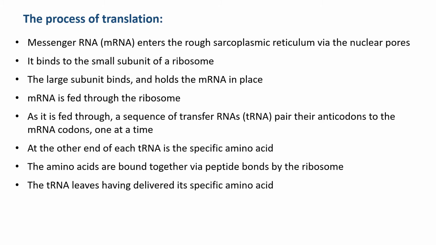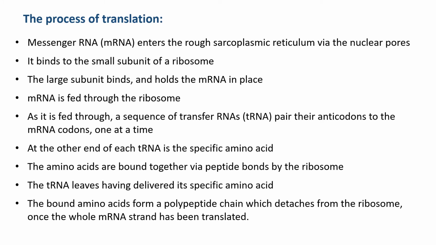Or it might just go off and have a little rest. The bound amino acids then form the polypeptide chain. Eventually, once we get to the stop codon, that'll detach from the ribosome, and at that point the whole messenger RNA strand has been translated.